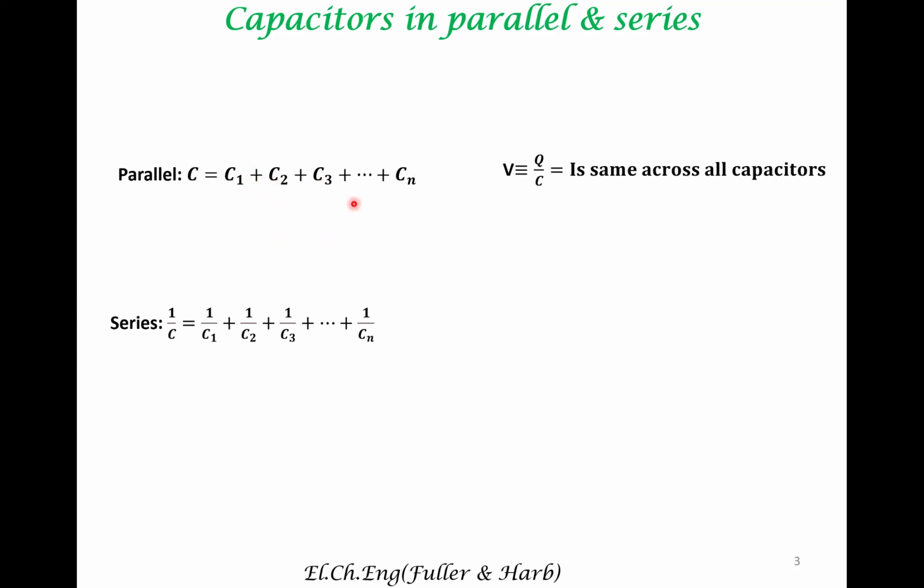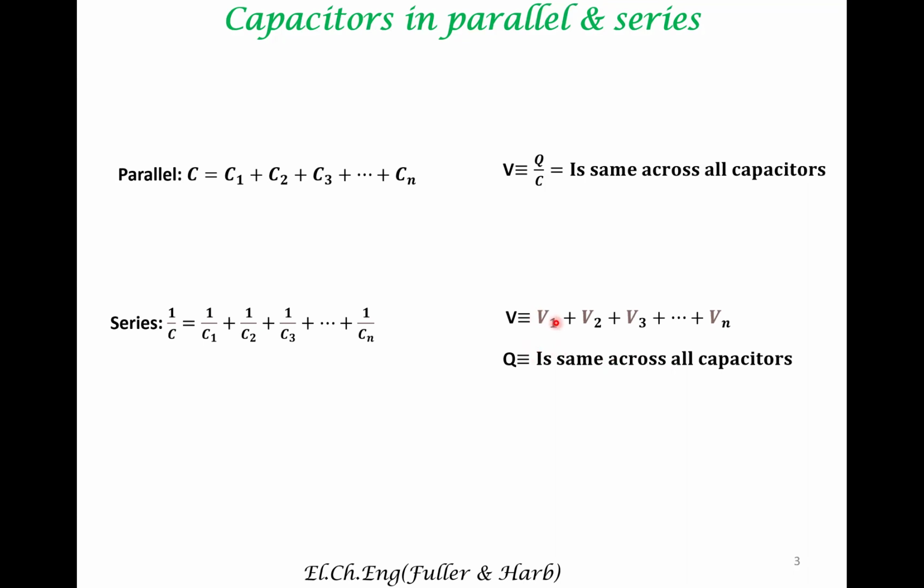As opposed to this, when capacitors are connected in series, what is important to realize is that the voltage drop across the entire bank of capacitors goes as V1, the voltage drop across the first capacitor, plus the voltage drop across the second capacitor, and so on. What's important to realize is that the charge across each of the capacitors that is in series is the same.